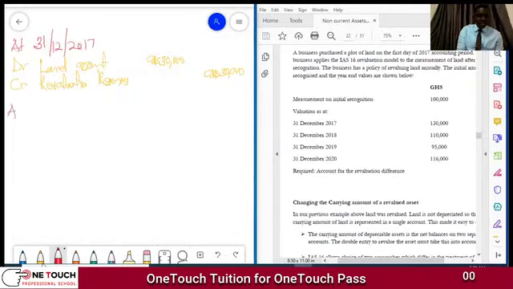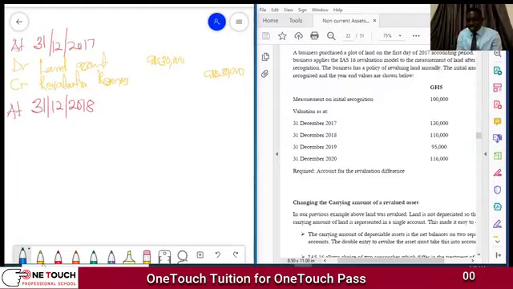Now, at 31st December 2018, that's a subsequent revaluation. It has resulted in a loss, to a value of 110.